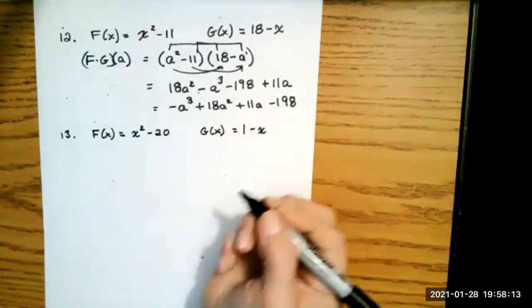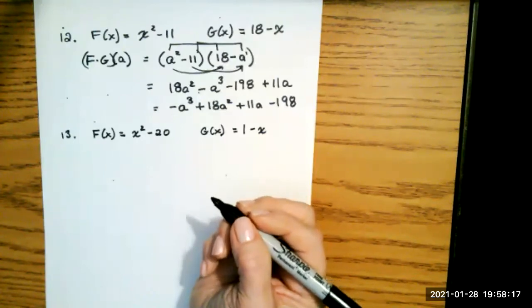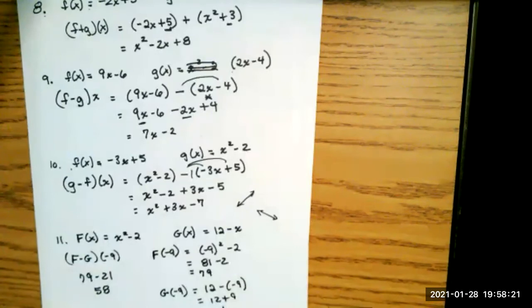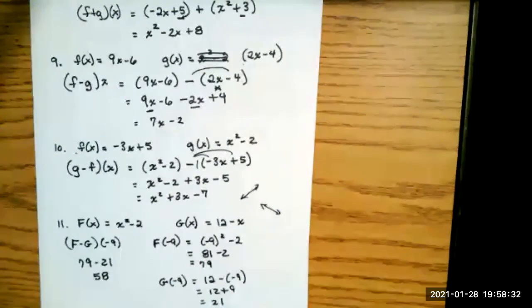Oh, yes, I am. I know on number 11, I kind of got confused because, I guess it's kind of easy if we put in the f minus g in parentheses, and then we put the, was that a 9? 9. That's a 9.